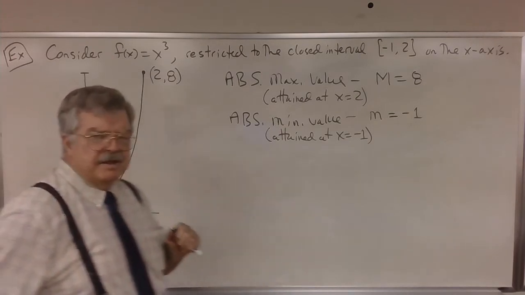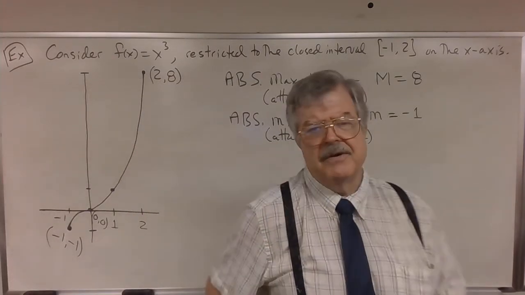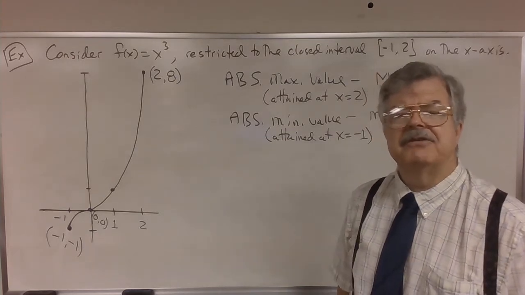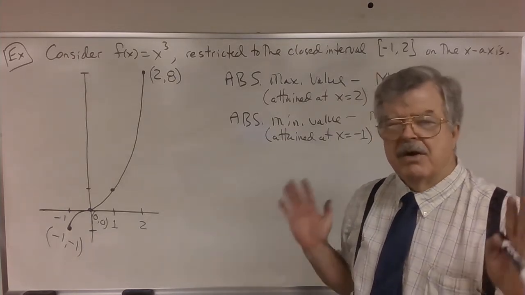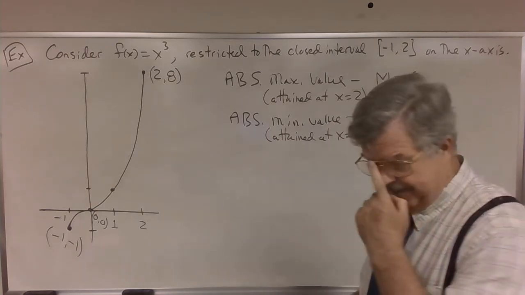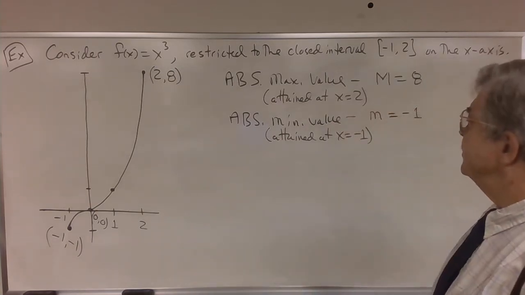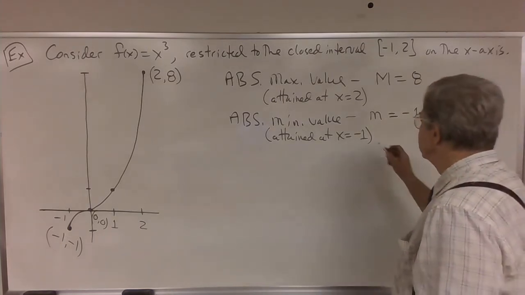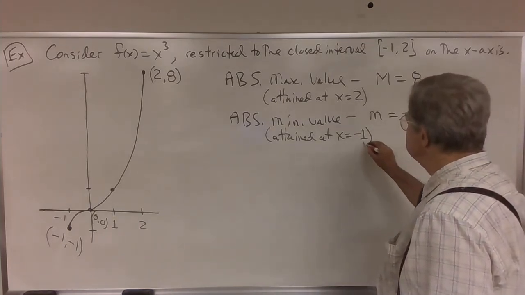Now, from working with the x cubed function before, we know that f of x equals x cubed only has one critical number, x equals 0. So these are not critical numbers.